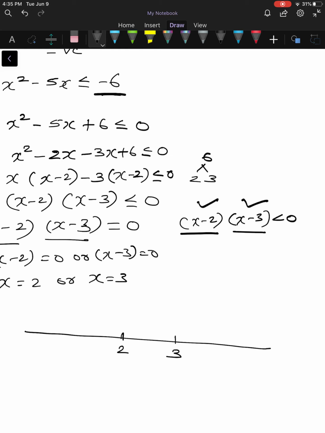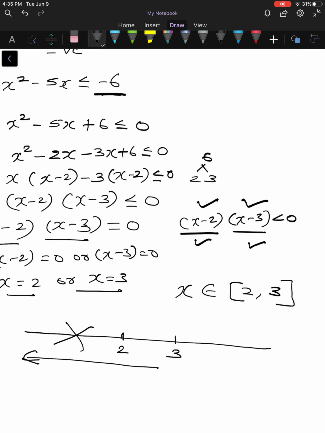So we have 2 and 3. That means you can have less than 3, which implies less than 2 also. But can we take less than 3 and less than 2 together? No, because that would give us a positive sign. So we are eliminating less than 2. We should just take less than 3 as well as 2 and 3, because there is an equality sign in the inequality. Therefore, x will take values from the closed interval 2 comma 3.